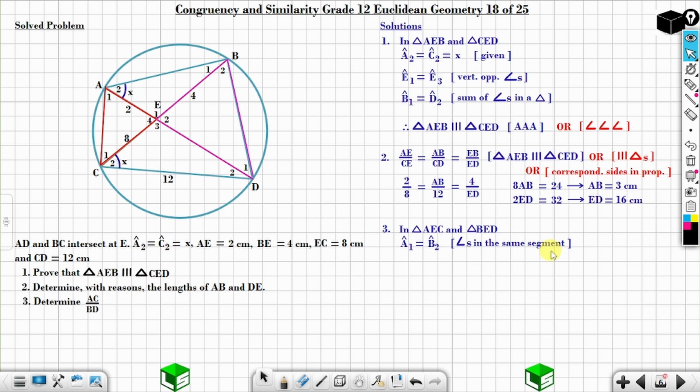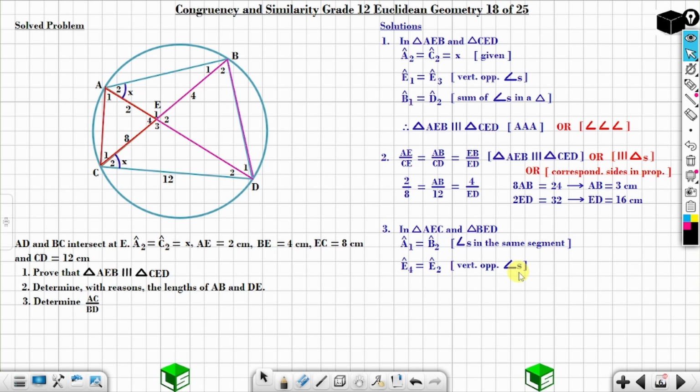Please check lesson 14 of 25. Angle E4 is equal to angle E2 in another triangle. The reason is these are vertically opposite angles.